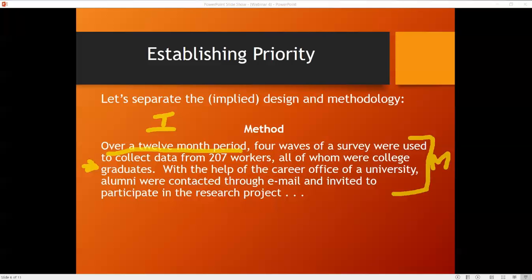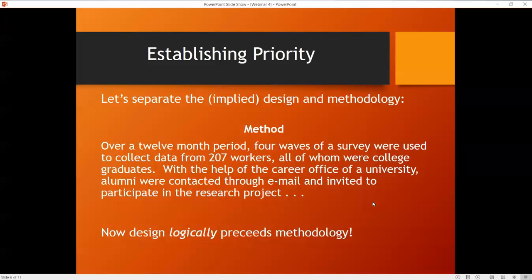So the methodology and the design are getting all mixed up. Let me wipe out those marks, and just make the point: design logically precedes methodology. It needs to come first. The implied design can't come at the end of the paragraph.